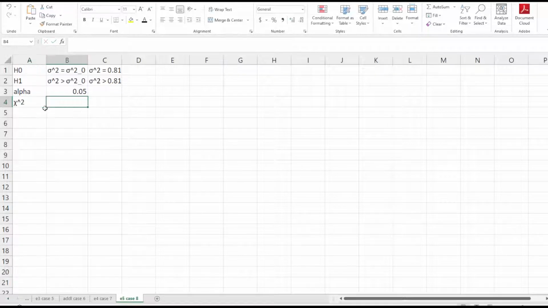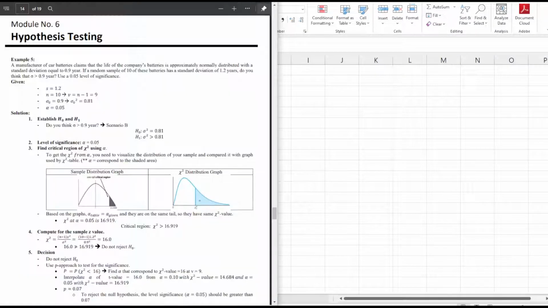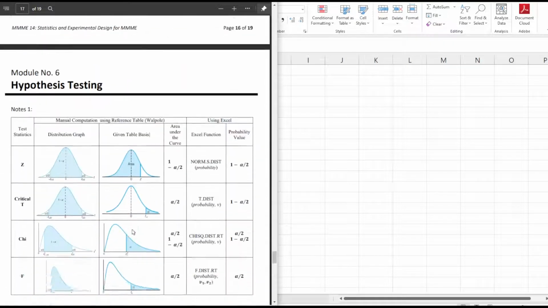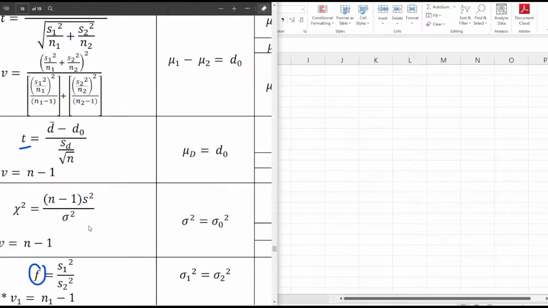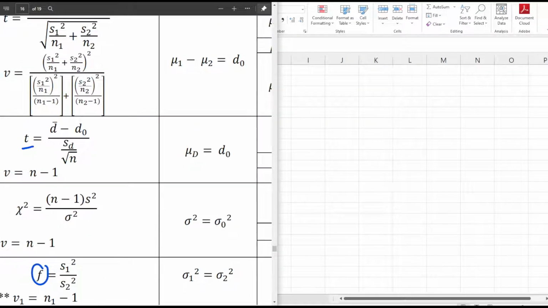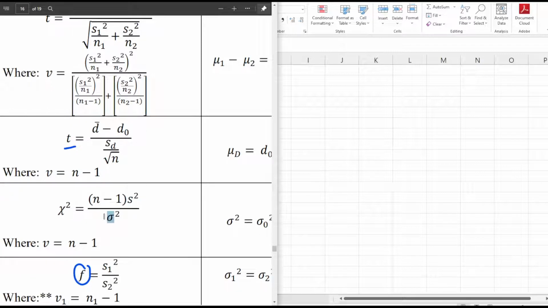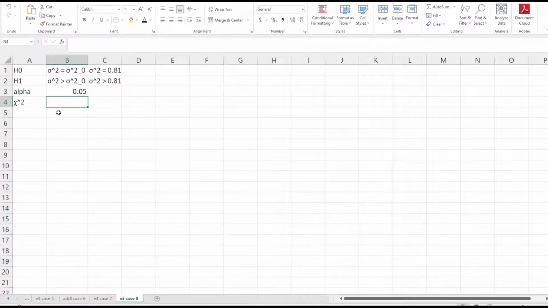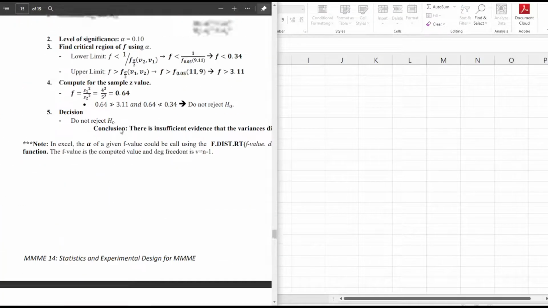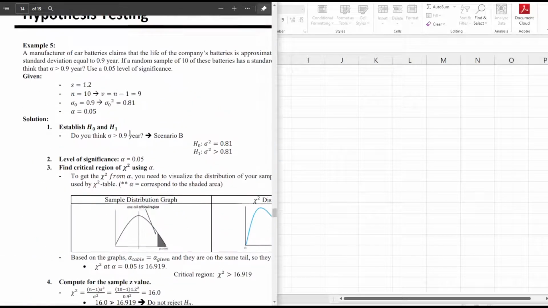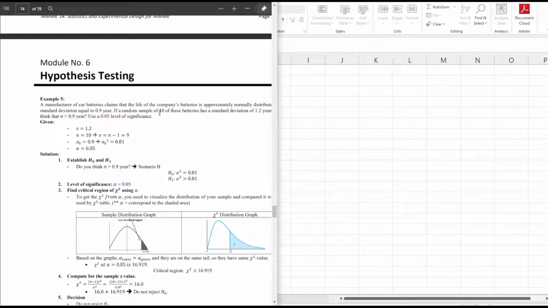So you do chi-square. The formula is n minus 1 times the sample variance divided by the population variance. So we can go n minus 1, and ang sabi is 10 samples. Was it 10 samples? Yes, it's 10 batteries, no?